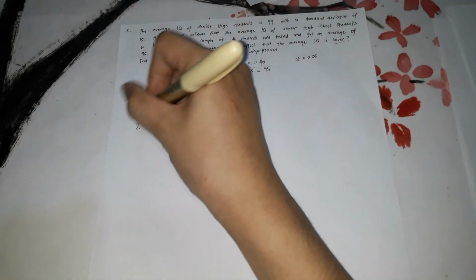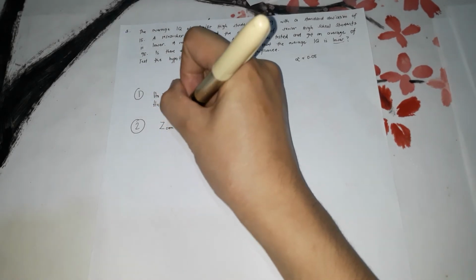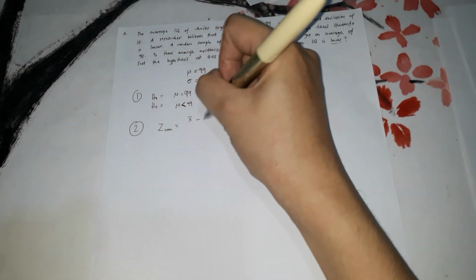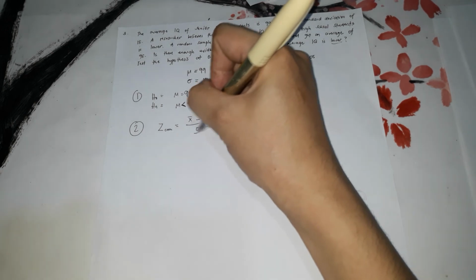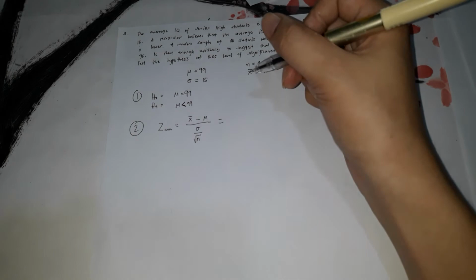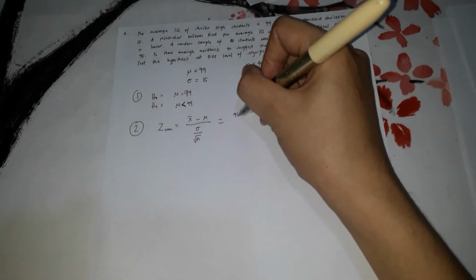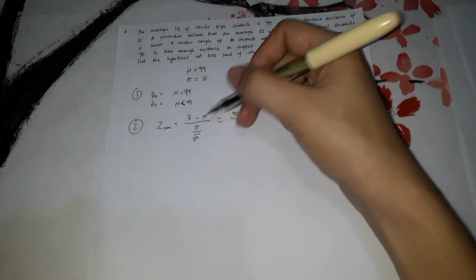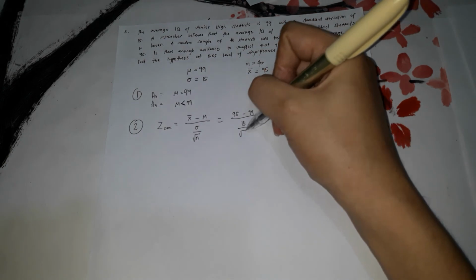Next, number 2, what type of test? It is greater than 30 pala. Greater than 30, ibig sabihin, z-test. Z computed is x bar minus population mean over population standard deviation over square root of n. So x bar is 95 minus 99 over 15 over square root of 40.